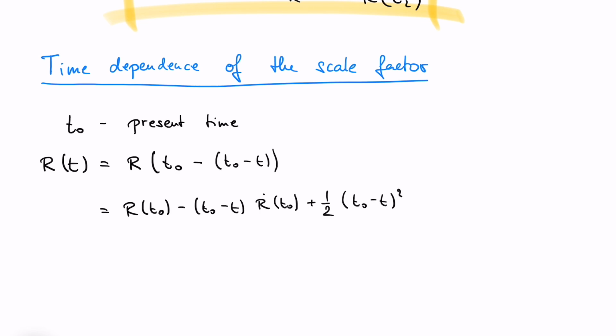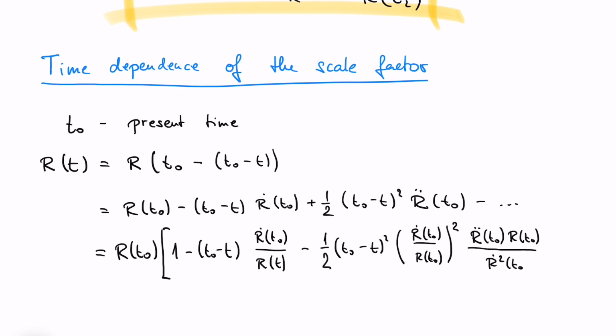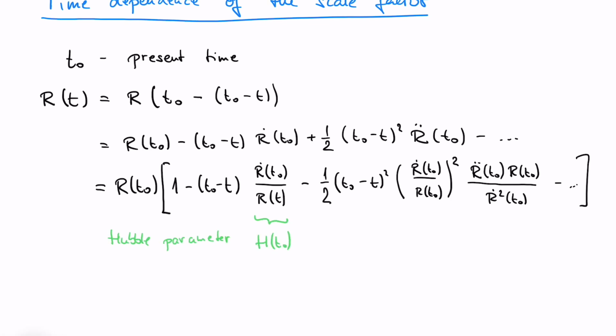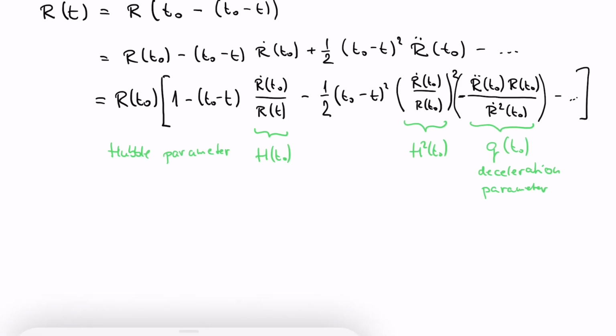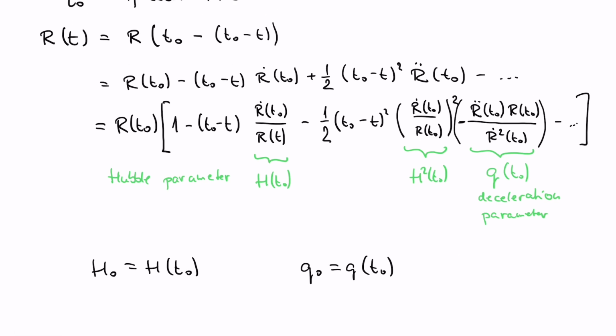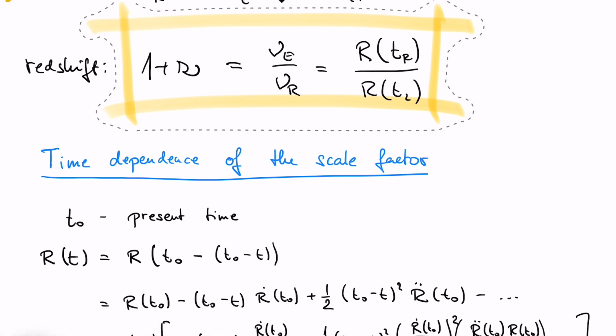The dot here means differentiation with respect to t, and this we still rewrite into the second form, where we introduce the Hubble parameter H and the deceleration parameter q. The usual notation of the present day values is H0 and q0. With this, we can calculate the redshift for a photon emitted in the recent past and observed today from this relation.